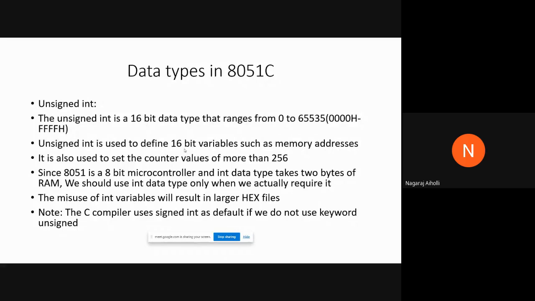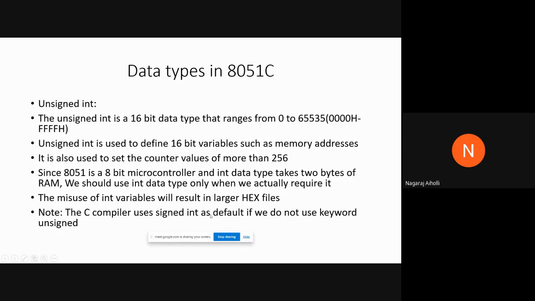But whenever we make use of unsigned integer, we have to handle it thoughtfully, and be aware that the hex code file size will increase. The misuse of integer variables will result in larger hex files.